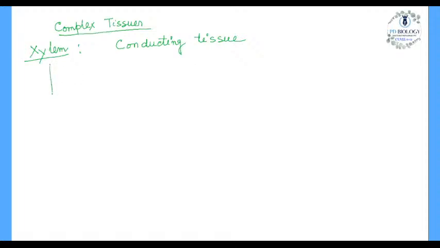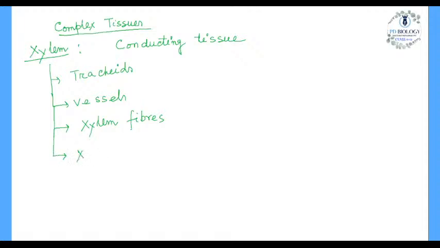These are mainly of tracheids, the vessels, xylem fiber, and xylem parenchyma.